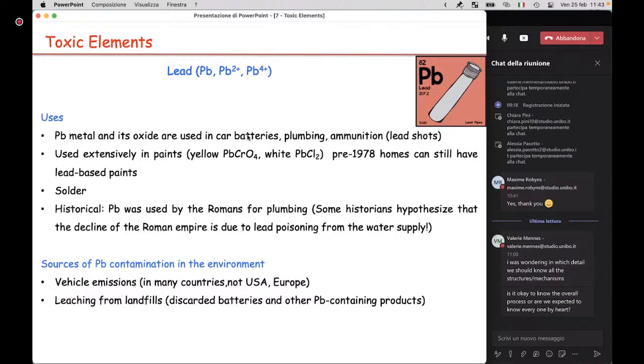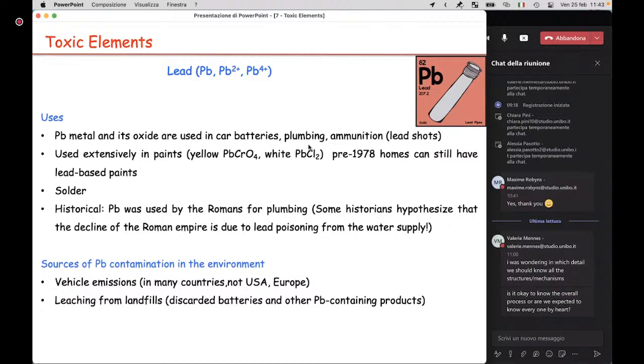For car batteries it is still very widely used, although, for example, electric cars have lithium batteries, not lead batteries anymore, but normal, let's say normal gasoline or diesel cars still have lead batteries.